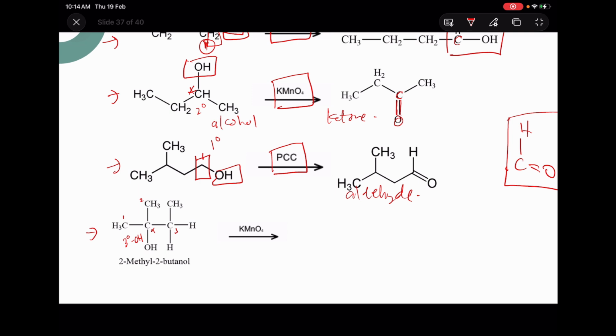When the tertiary alcohol reacts with potassium permanganate, which is the oxidizing agent, it will give no reaction. Remember, I said tertiary alcohol will not react with the oxidizing agent.